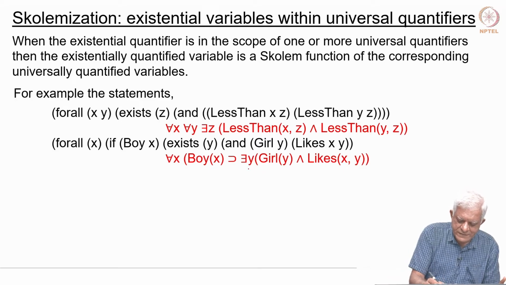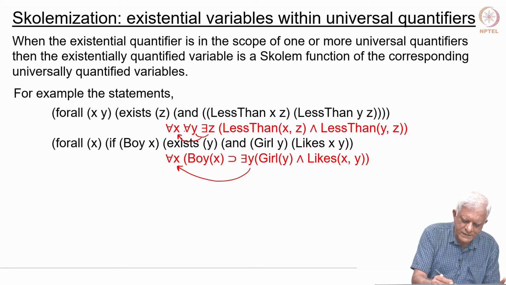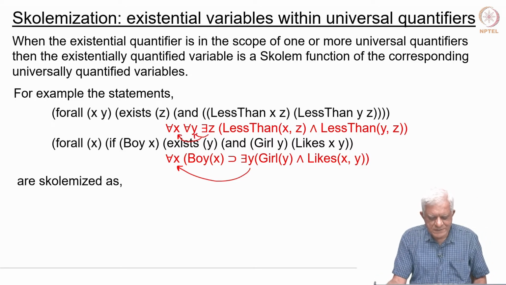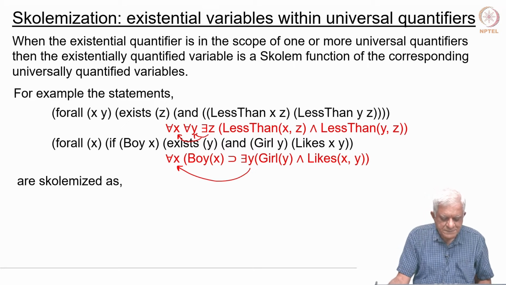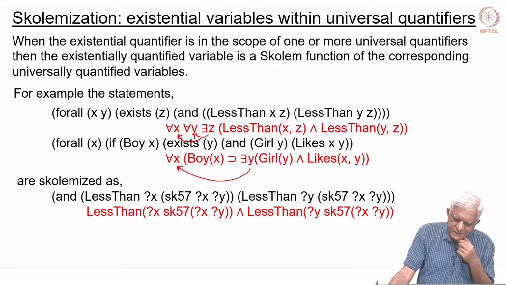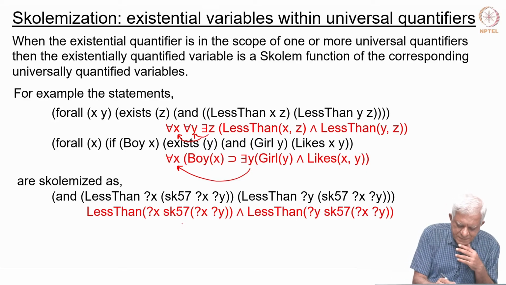In this case, y is in the scope of x, and in this case z is in the scope of both x and y. So, the Skolem functions must be constructed appropriately, and in the first case when z is in the scope of both x and y, it becomes a Skolem function.